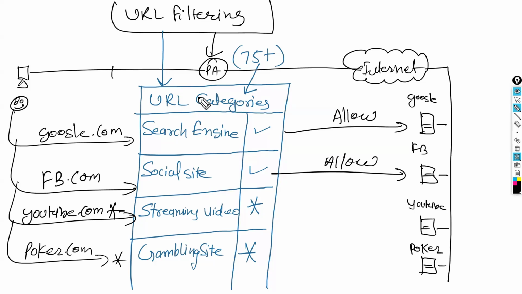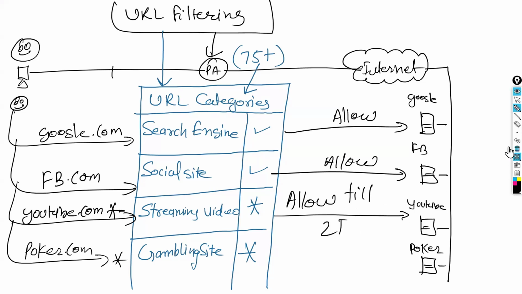Now, the question is this: which kind of more control are we talking about? For example, you want this user to be able to access YouTube, but YouTube should be allowed only till 2 GB of data.